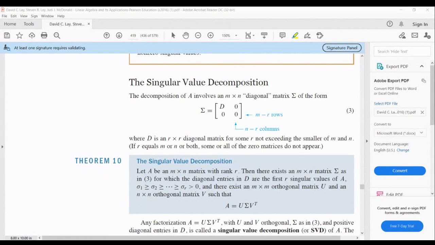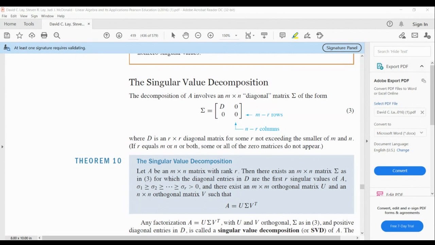If we were to take all the column vectors and see how many of them are linearly independent, that would be the rank of the matrix A. So in this case, we have an m by n matrix, and it has rank R. R is whatever the rank is.